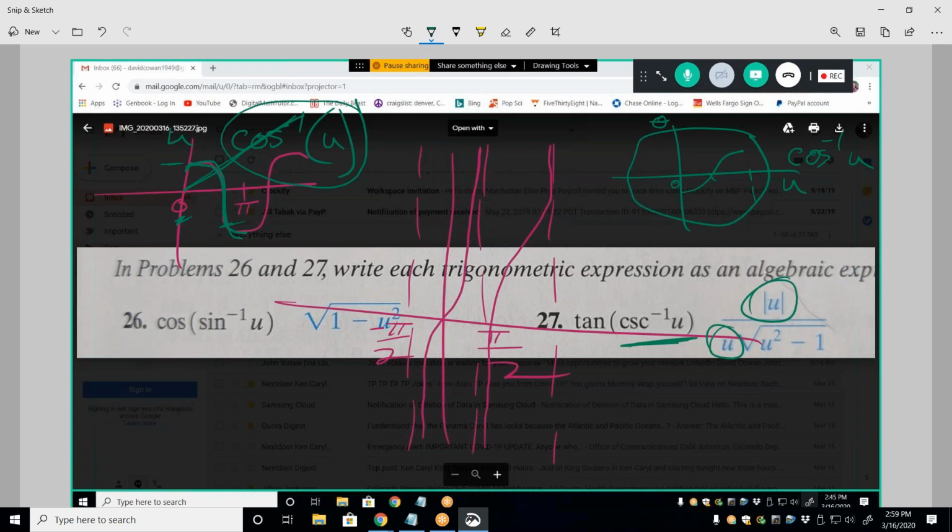The domain of u, I believe, is probably all real numbers. No, that can't be right. The domain of u has got to be greater than 1 or less than -1. That's absolutely the domain of u. I don't know how that gels with this graph up here. It doesn't, but that's the range of that function.